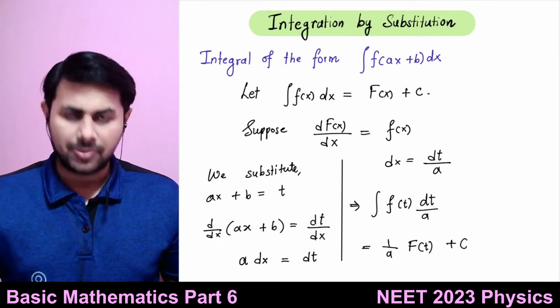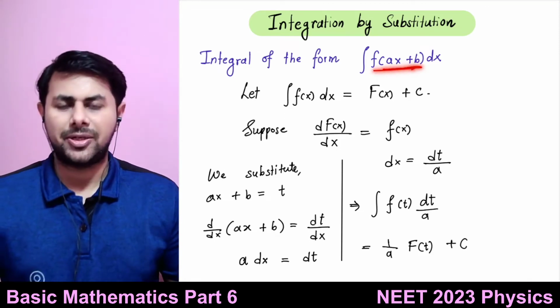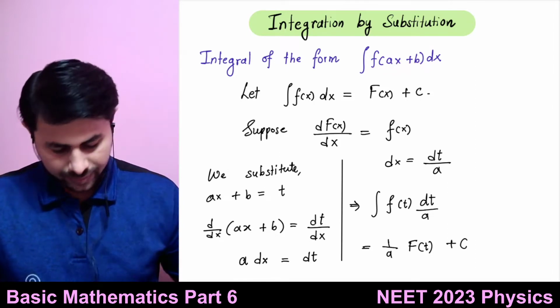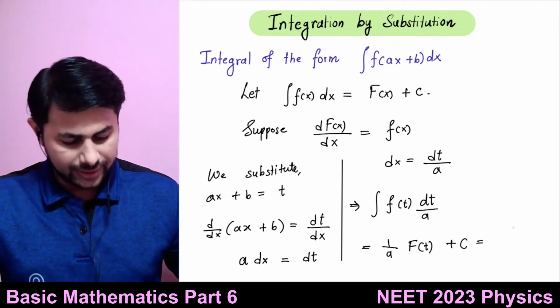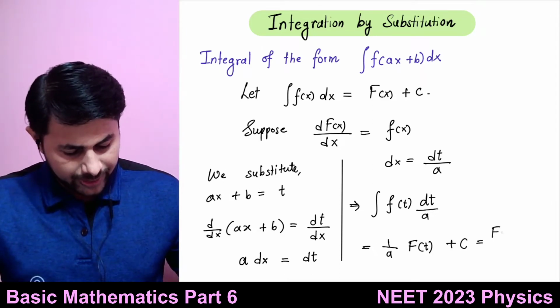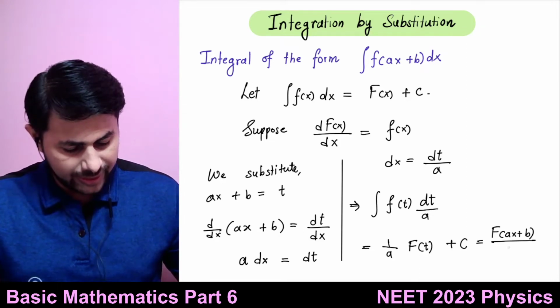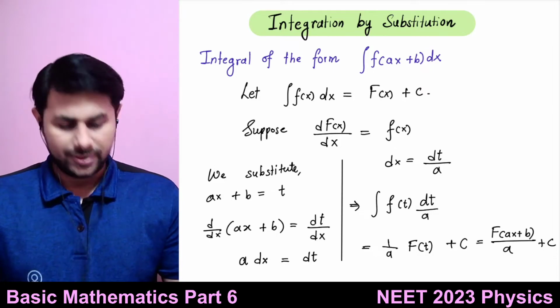And then after doing all this, we can substitute ax plus b back in place of t. So I can write this as capital F of ax plus b divided by a, plus c. Okay, so is it clear?